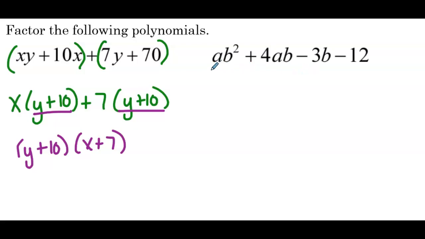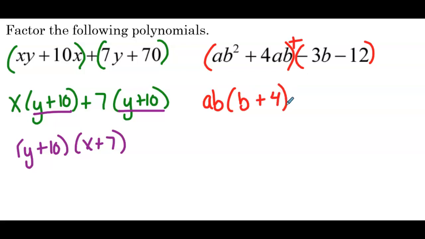And our last example, a times b squared plus 4ab minus 3b minus 12. So we can group the first two terms. Second two terms, we'll put that plus sign in the middle. So the greatest common factor of the first two terms is ab, and we'd be left with b plus 4.